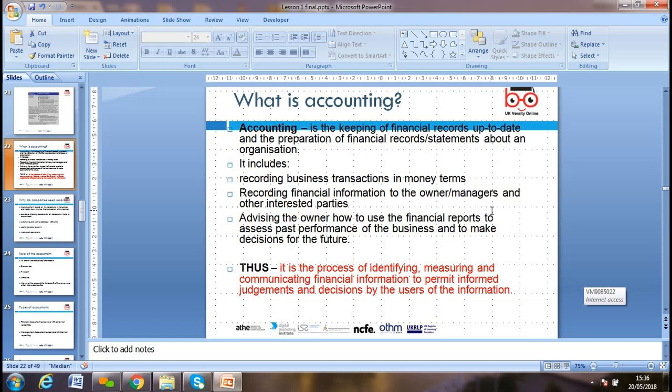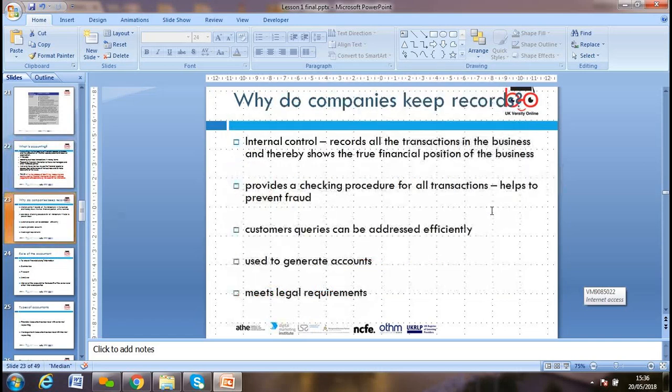So it is a process of identifying, measuring, and communicating financial information to permit informed judgment and decisions. So this is all about accounting. If we are doing it, we are doing accounting.